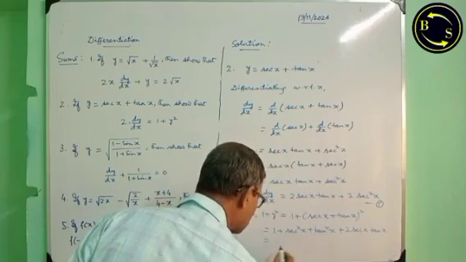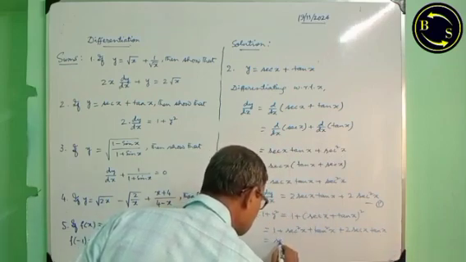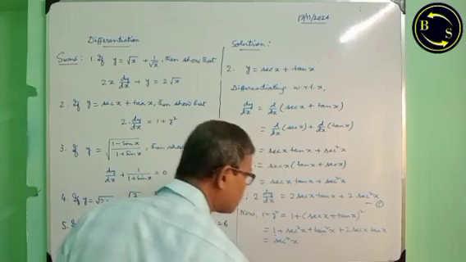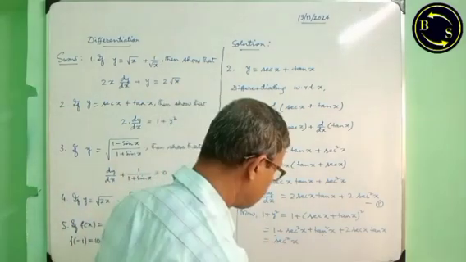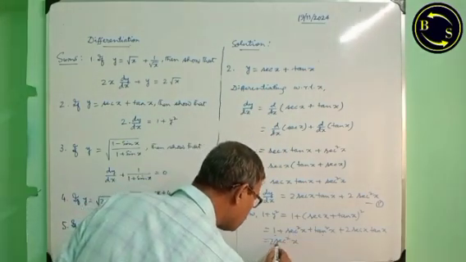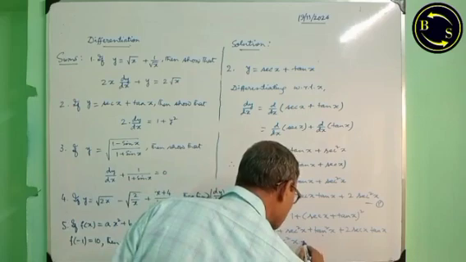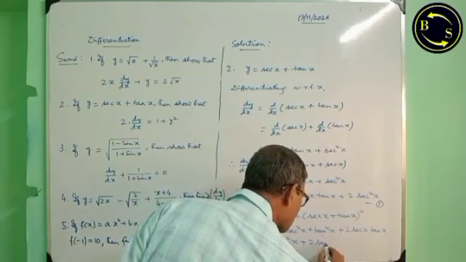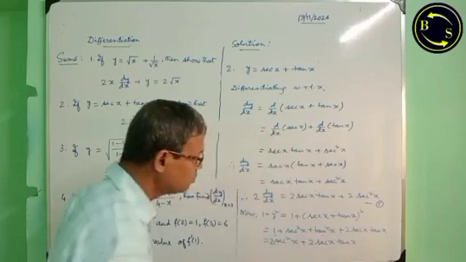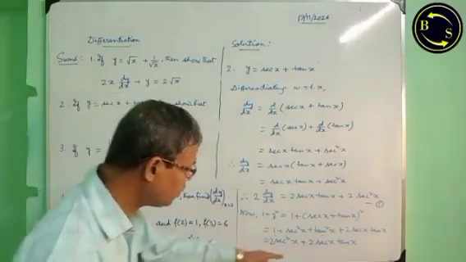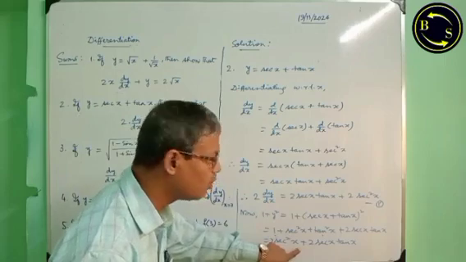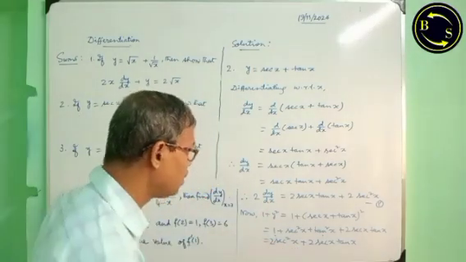Now 1 plus tan square x means sec square x. 1 plus tan square x is sec square x. Then this sec square x, that means 2 sec square x plus 2 sec x tan x. Now we see this right part and this one are same.